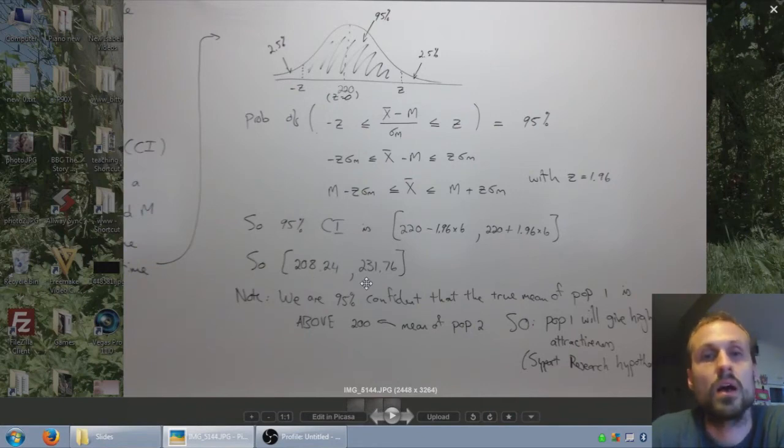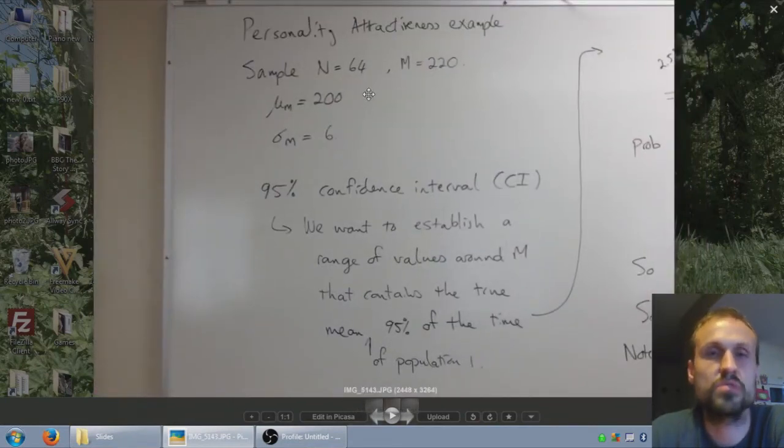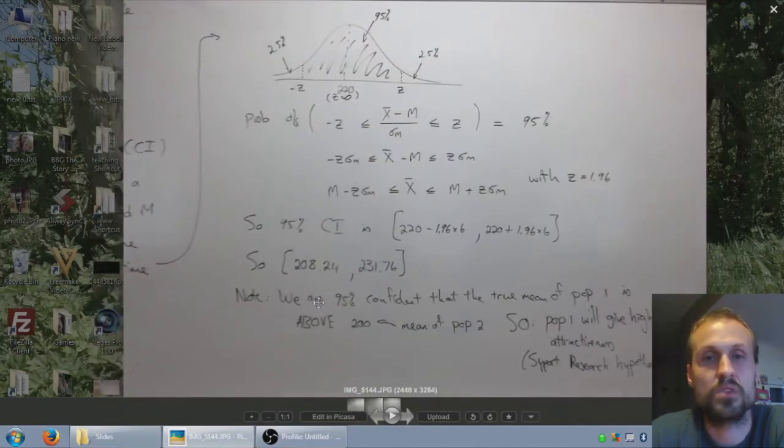Now how this is essentially working parallel to hypothesis testing, coming to the same conclusion, is this: what is hypothesis testing trying to do? It's trying to see if my sample gives me strong enough evidence to suggest that the population 1 mean is above the 200. Now this confidence interval says that at a 95% confidence or significance level, the population 1 mean is in here.